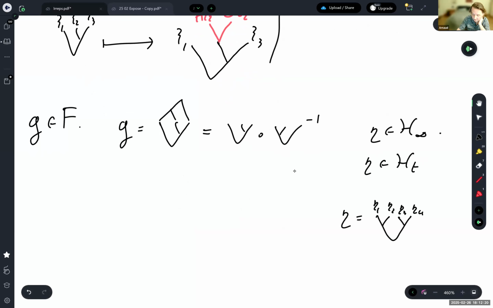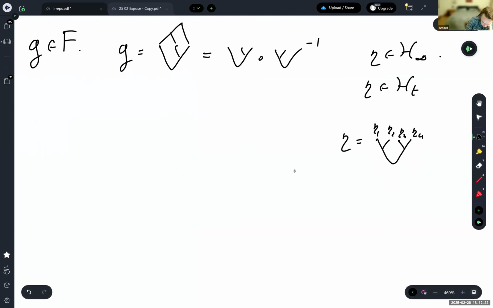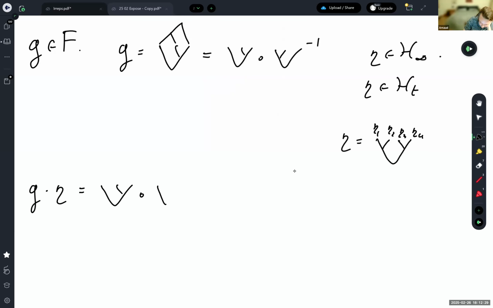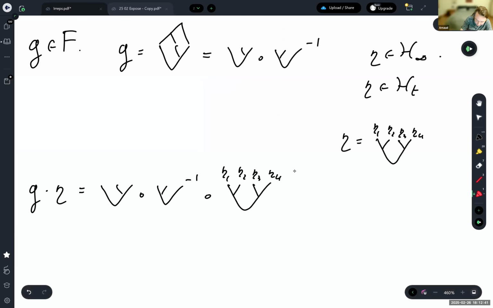So how do I act on that? Well, let's see. In terms of diagram, it's going to be very simple. This guy, I see it as this tree decorated. What I want is that this tree and this tree are equal. This is not true, so I'm just going to grow them. I just need to add a caret right here, and I rectify on the left.